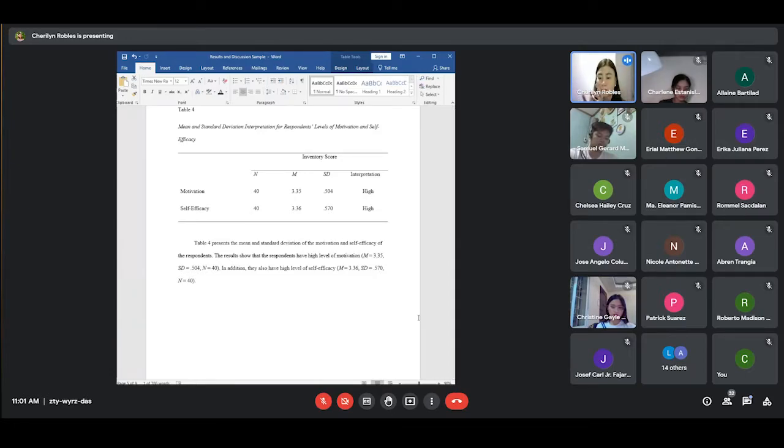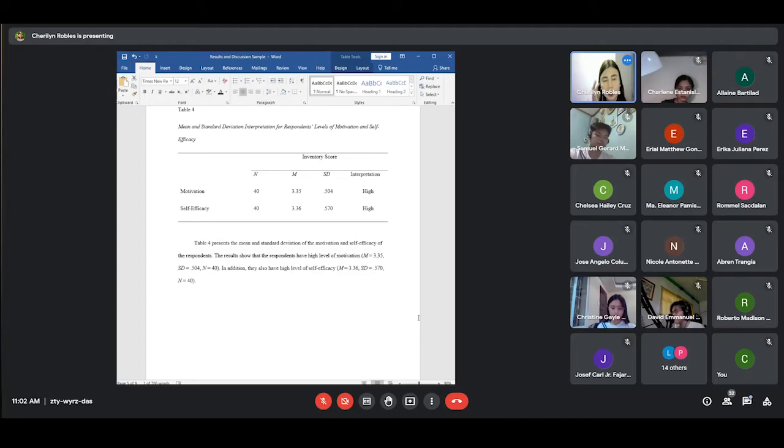Then number two, the next table would be showing your data for your second specific problem. And the next data that you'll show in chapter 4 will be your data as your answer in number 3 of your specific problems. So it's like that. And it's done.